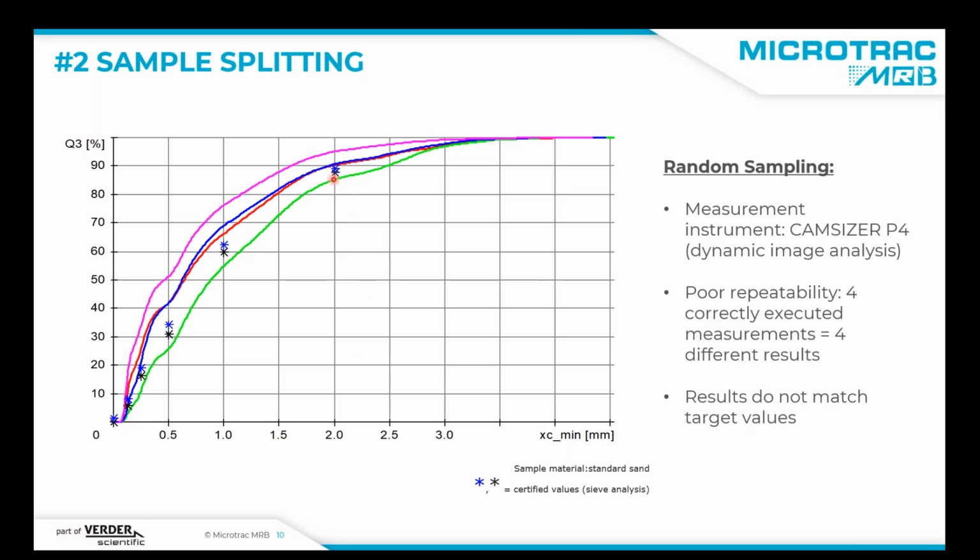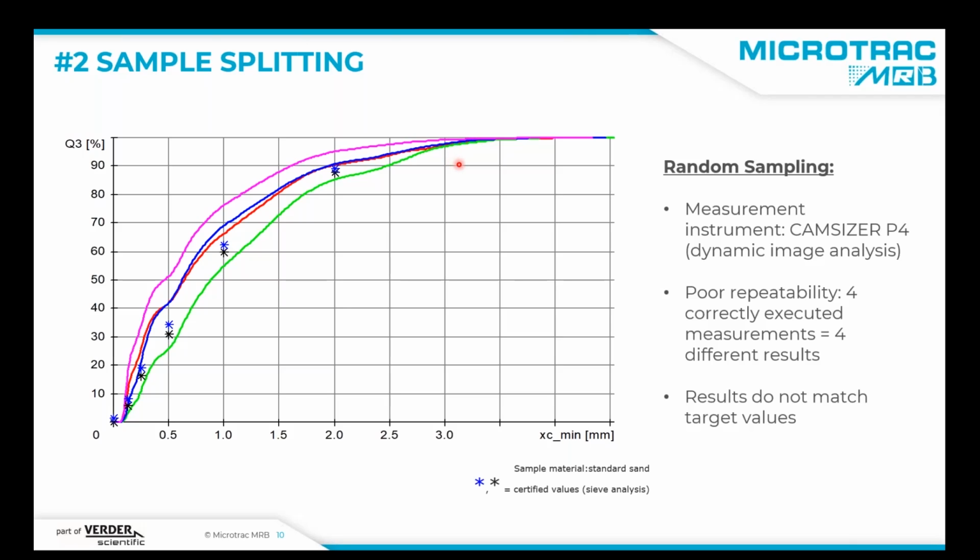So we have certified values here where the size distribution should be. This is indicated by these little black and blue asterisks here. So these are the certified target values for this sand. You see also it's a very wide distribution, starting at 100 micron and going up to 3 or more millimeters.